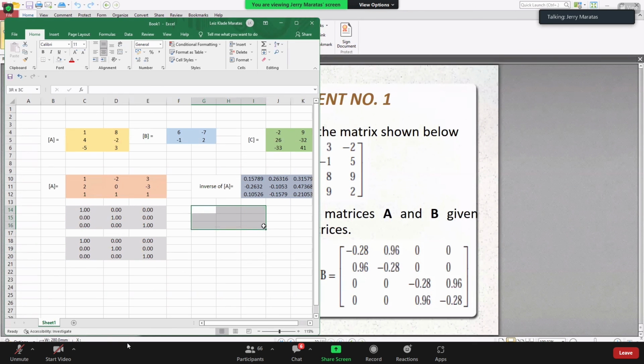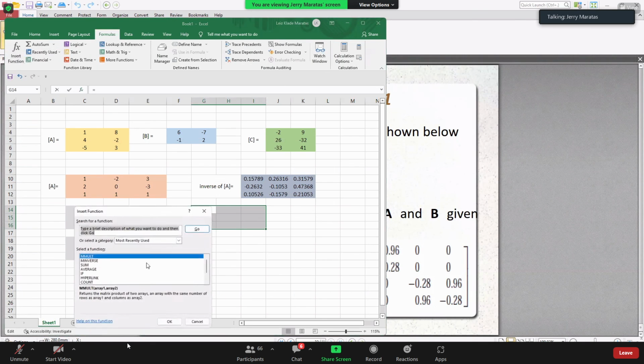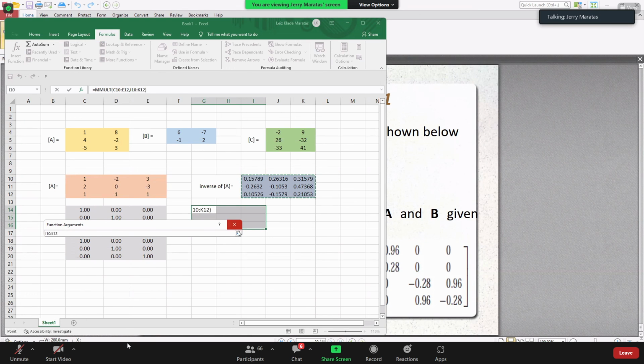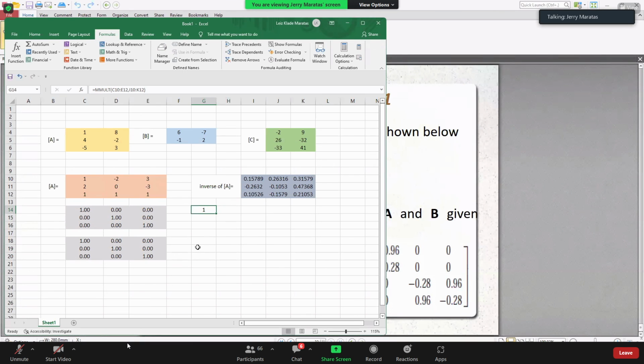Okay? Now, for example, let me say we multiply this, no? Insert formula, sorry, then insert function, MMULT. So first array is this, second array is this, no? If I just press enter right away, okay, only one cell shows values. But if I press Control Shift Enter, all the cells show the result.